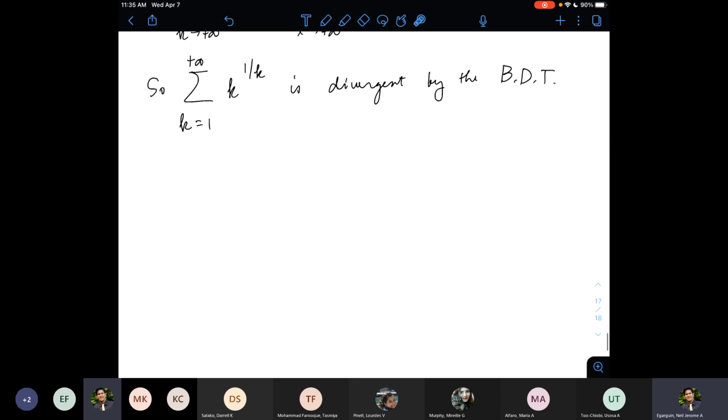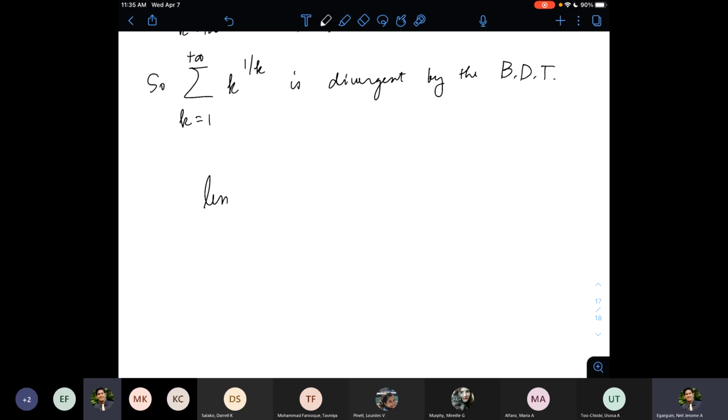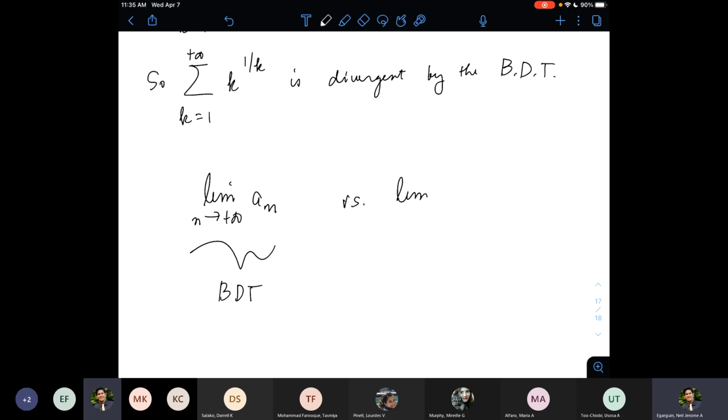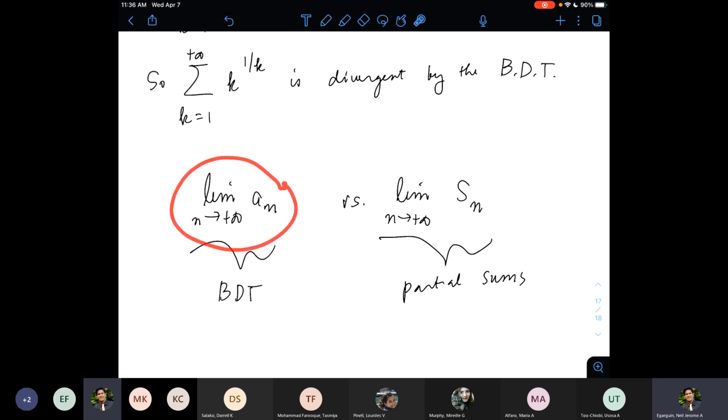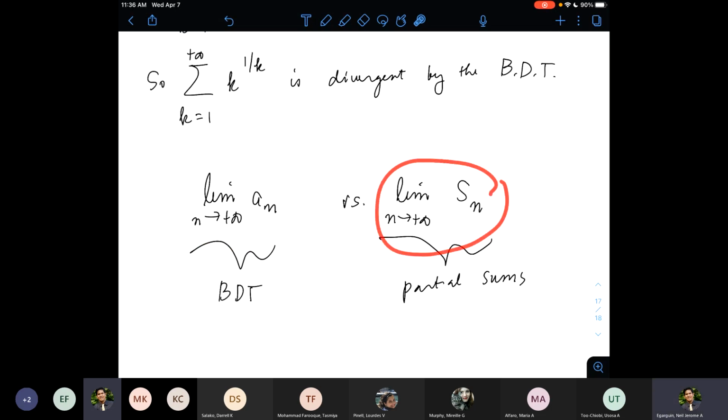Again, we are drawing a distinction between the limit of an as n goes to infinity, which is what the basic test for divergence is telling us, versus the limit of the sequence of partial sums, which is a different thing. If the limit of an is not 0, then it's divergent automatically. If you took the limit of Sn and you get an answer, then it will converge.